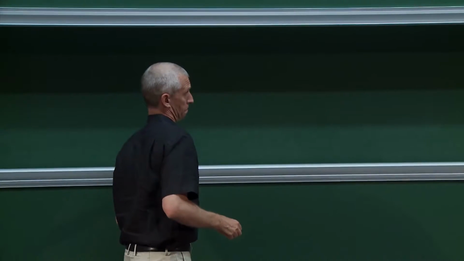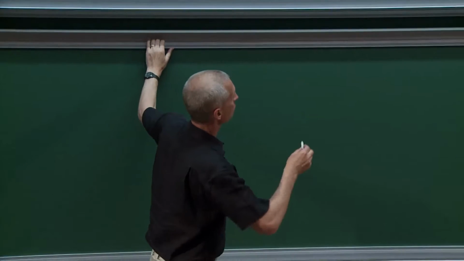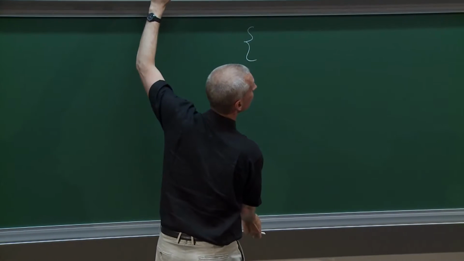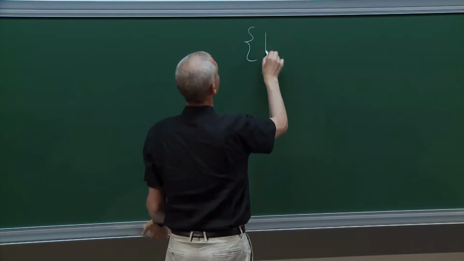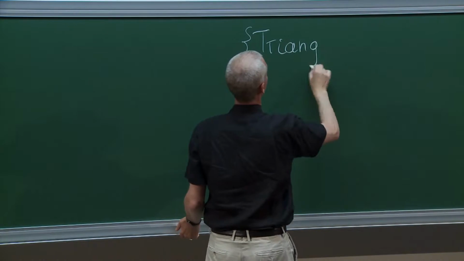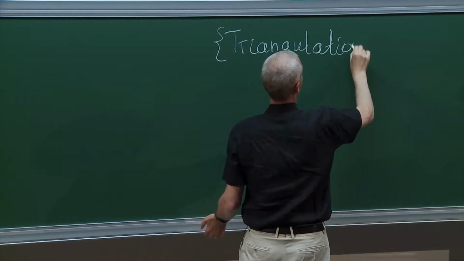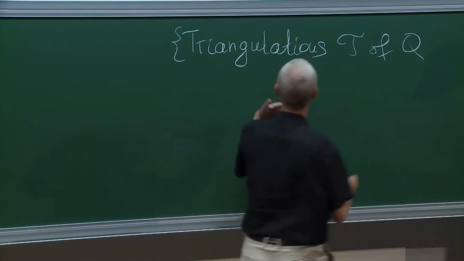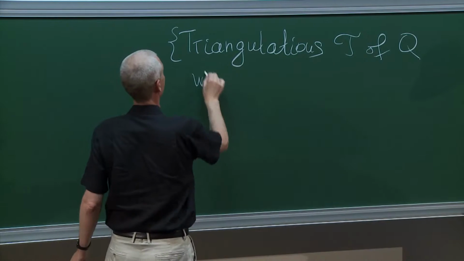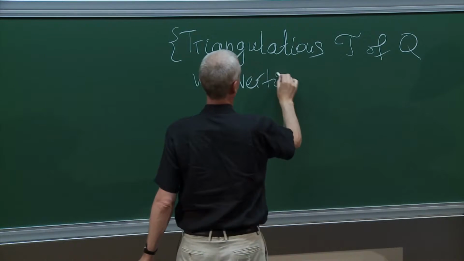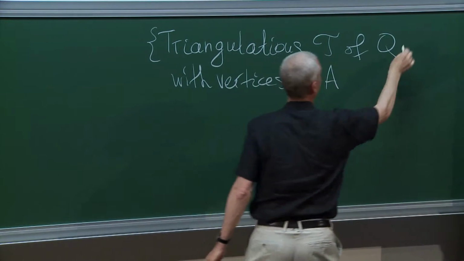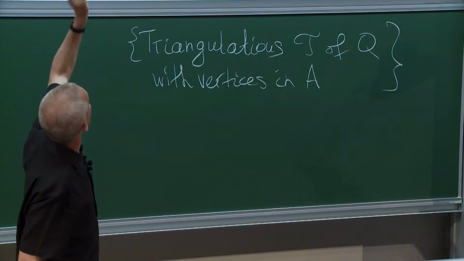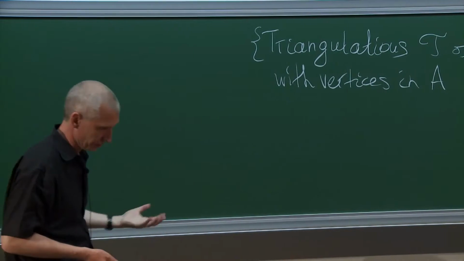We consider the totality of triangulations, let's call them T of Q, into straight simplices with vertices in A. It's a finite set because we fixed the finite set of possible vertices.